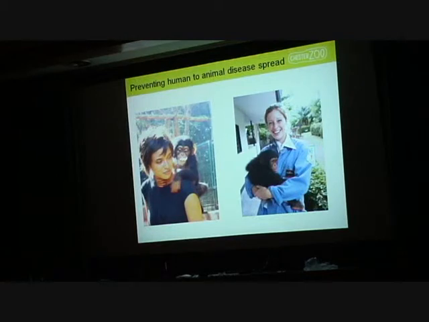As such, they are dependent, at least in the initial parts of the rehabilitation process, on a single human caregiver, preferably one that doesn't have any access to the other primates. So for social reasons, this has to occur.